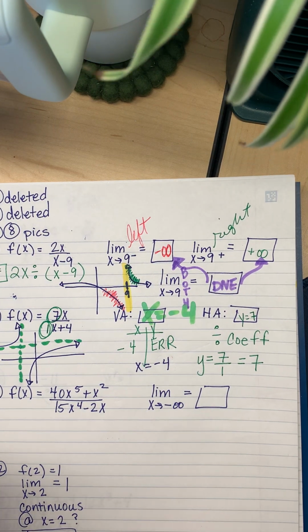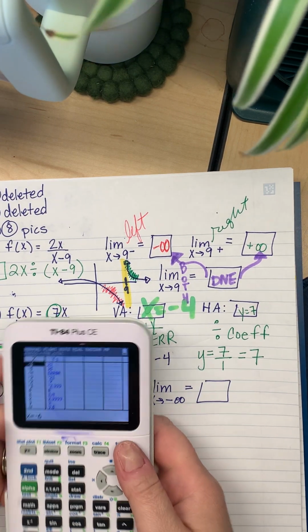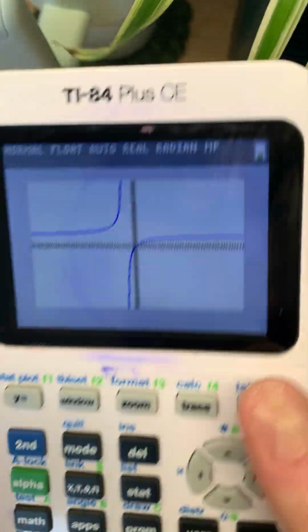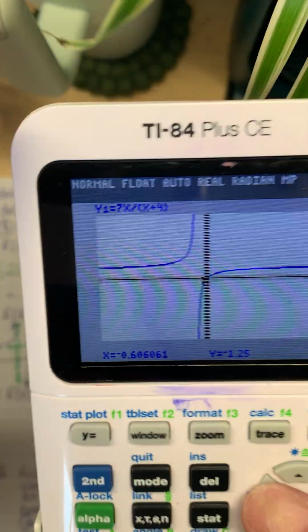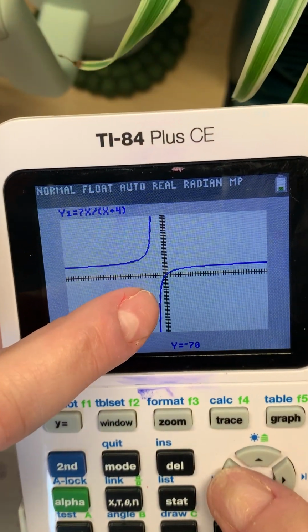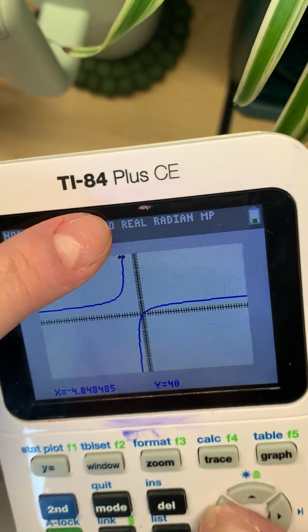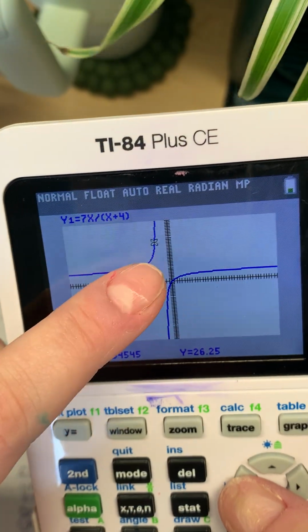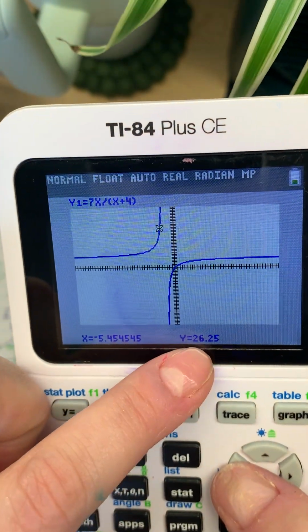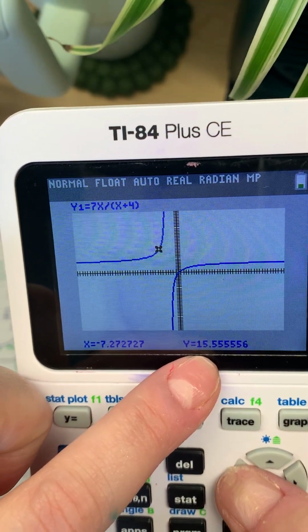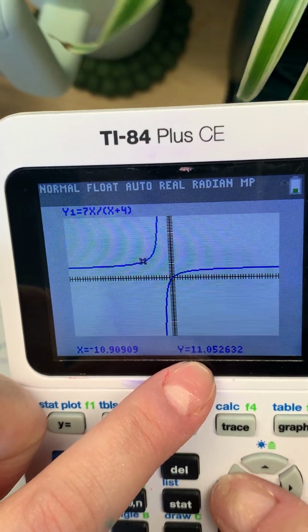And we can check that using our calculator. If we go back to our picture and I press trace, and start moving the flashy button over to this top left curve, if you look at the y values, it's 26, 20, 17, 15, 14, 13.